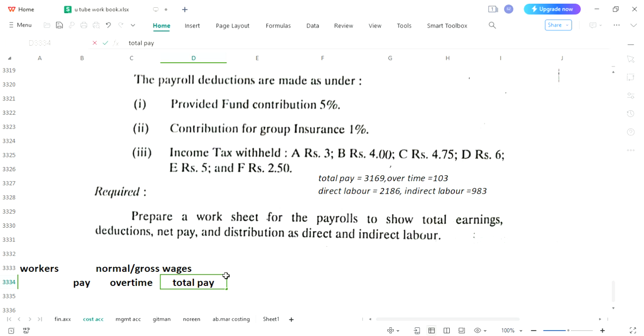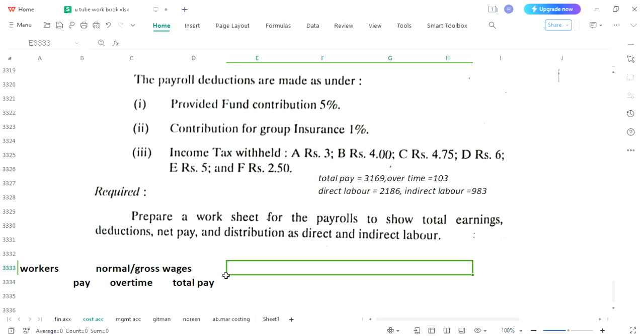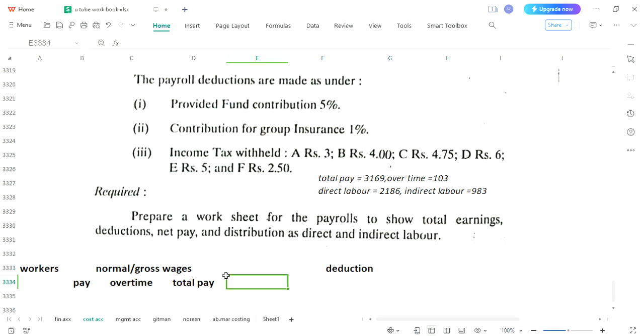Okay, next step we will see how many deductions we do have. As you can see in our question, these are the deductions. First is provident fund. The spelling is not correct in our illustration.